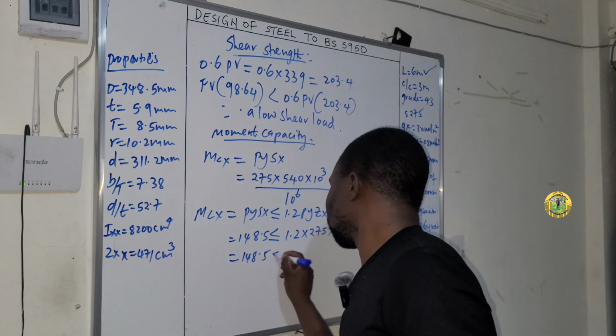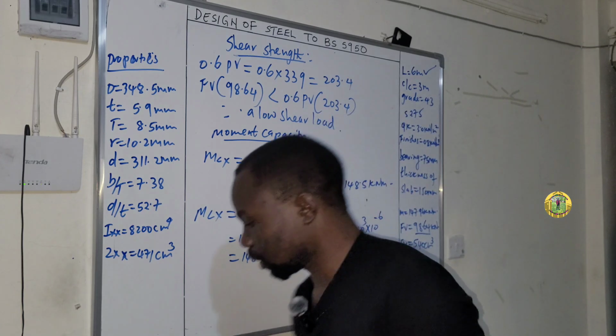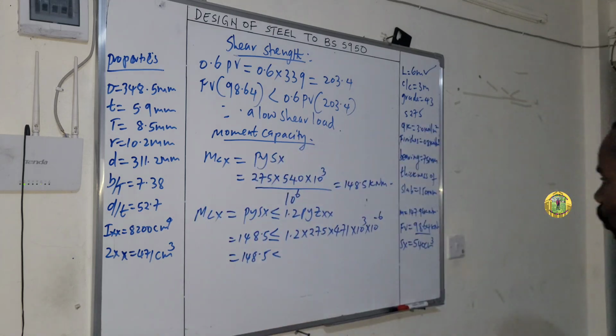So 148.5, let's see if it is less than this value. 1.2 times 275 times 471 times 10 to power of 3 times 10 to power of -6.